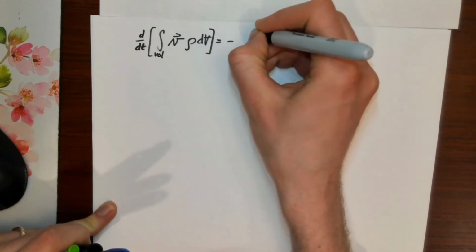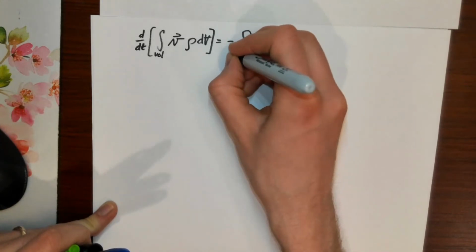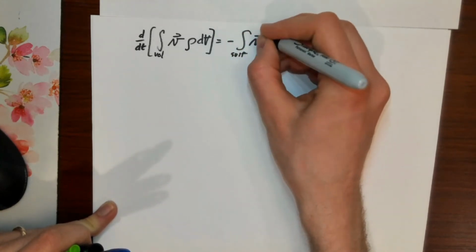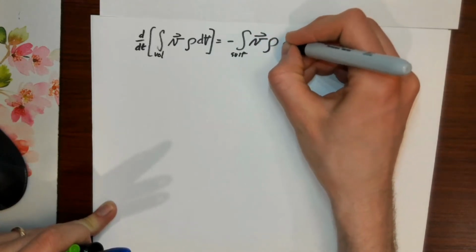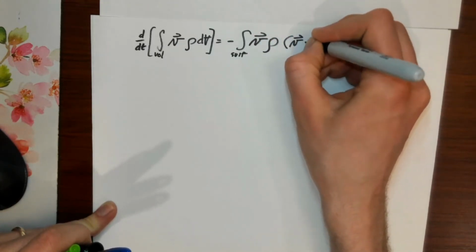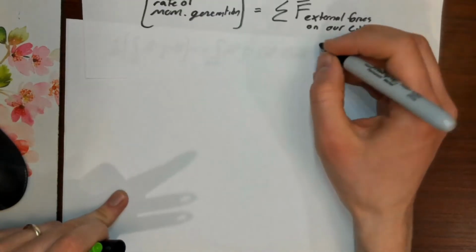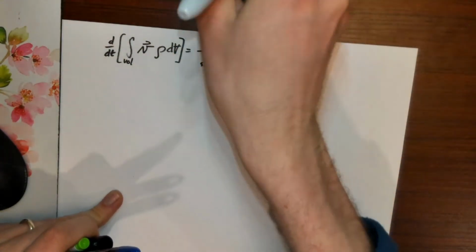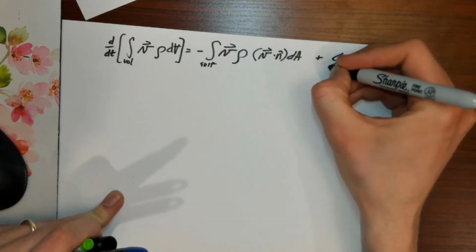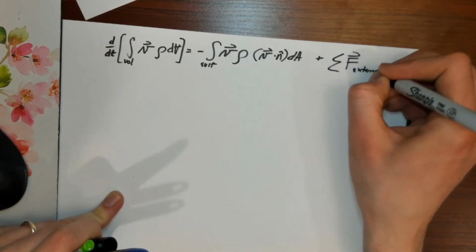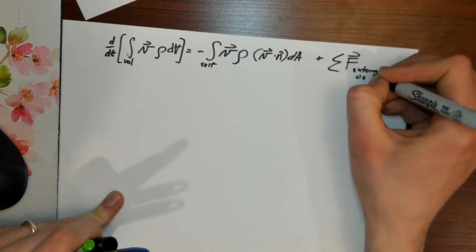And this is equal to minus an integral over the surface of vector velocity times density times V dot n dA, plus the sum of forces external on the control volume.